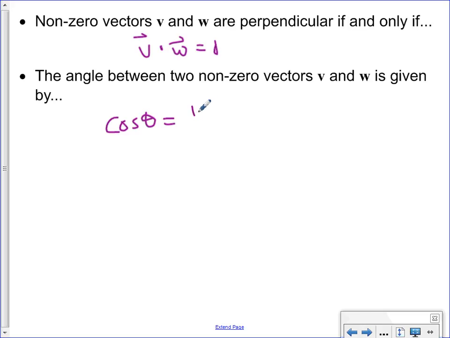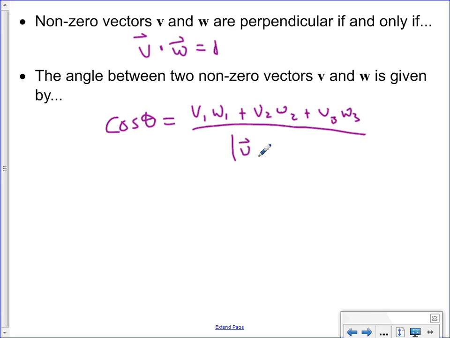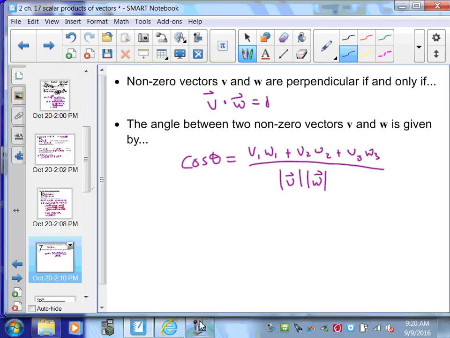So it would be v1w1 plus v2w2 plus v3w3 over the magnitude of v and w, which was also on your summer assignment.